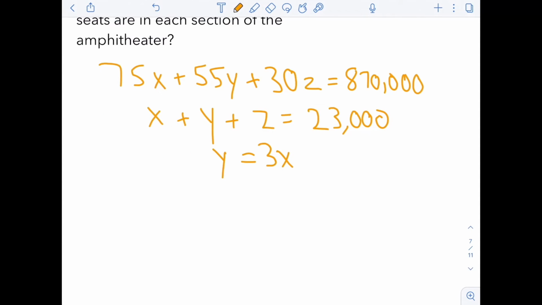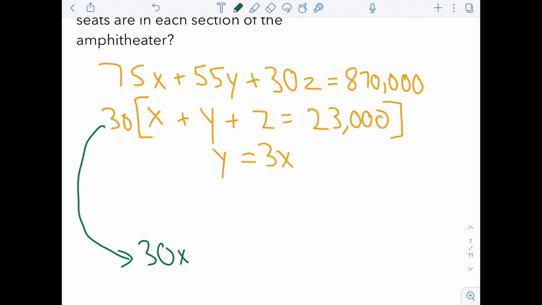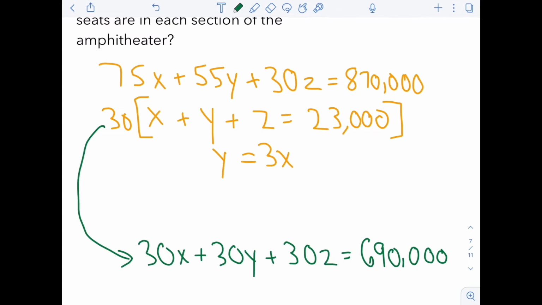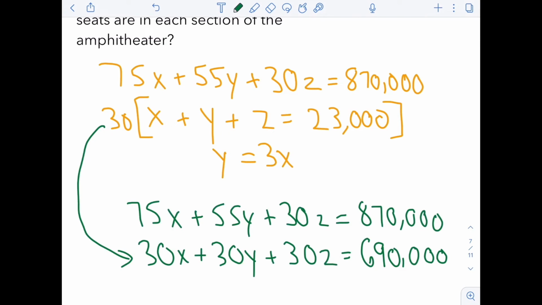What I can do is multiply this second equation by 30. This will become 30x plus 30y plus 30z equals 23,000 times 30, which is 690,000. And then we'll just rewrite the first equation. 75x plus 55y plus 30z equals 870,000.